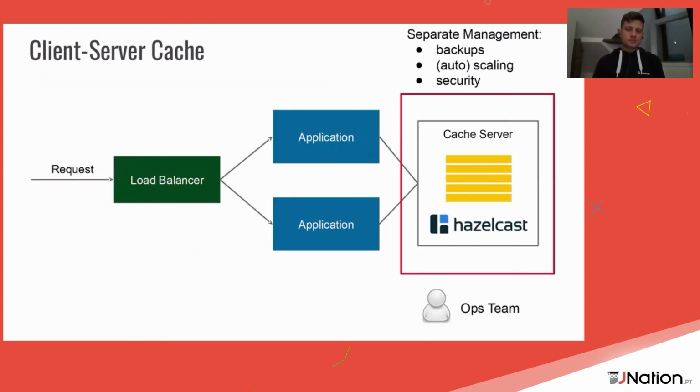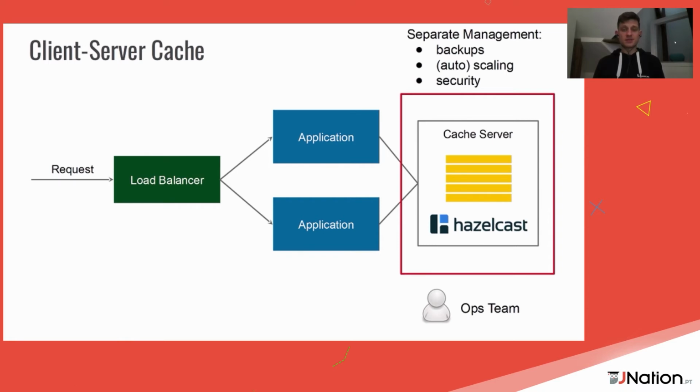So we mentioned that in client-server mode, you need to somehow manage this server part. And actually in big enterprises, from what we see, this part is usually managed by a separate team.